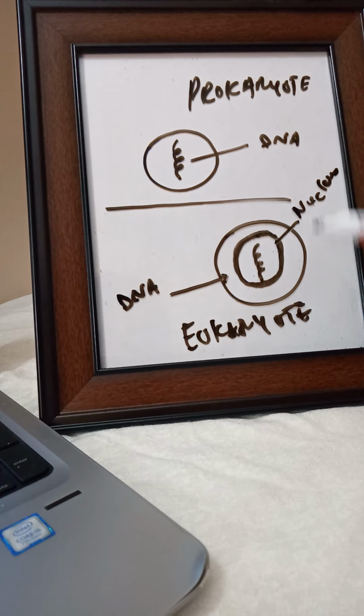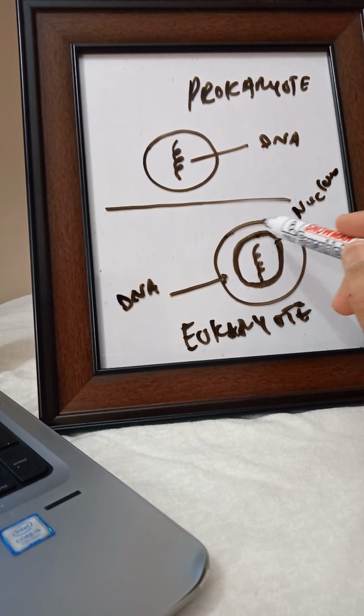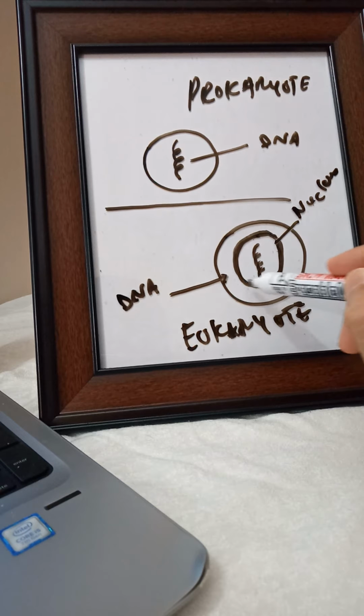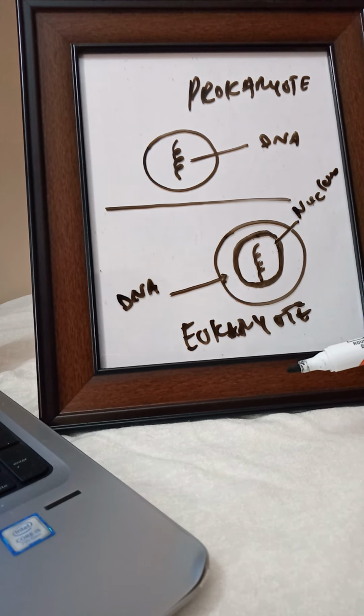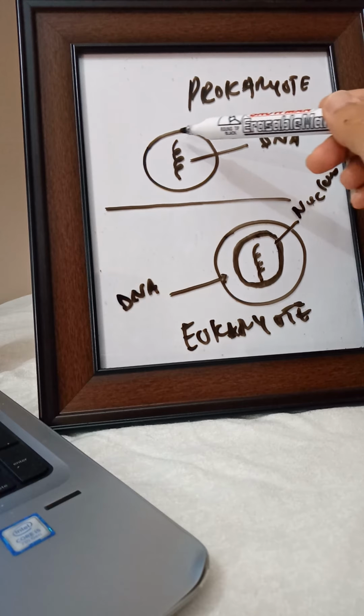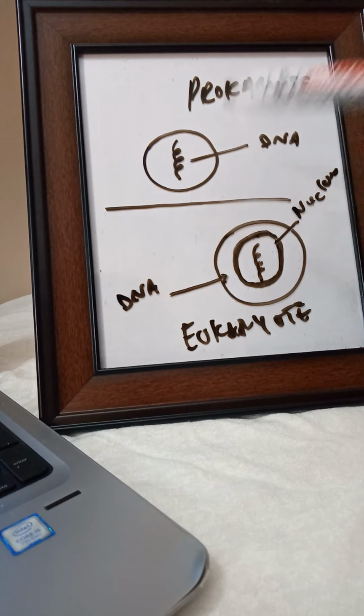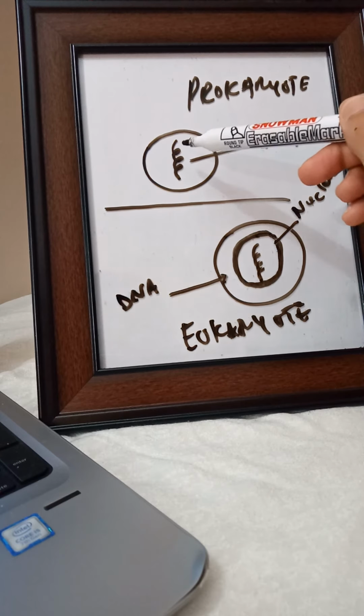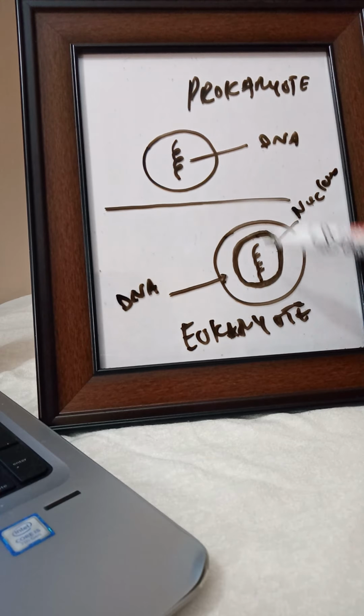So you can define a eukaryote this way: eukaryotes have a cell in which a nucleus is present, while prokaryotes have a cell in which a nucleus is not present. Prokaryotes and eukaryotes both contain DNA, but the difference is at the level of the nucleus.